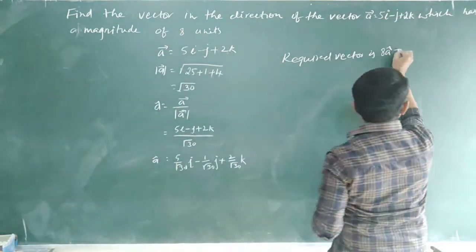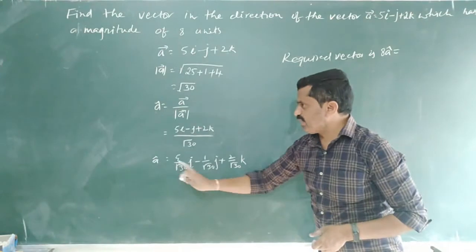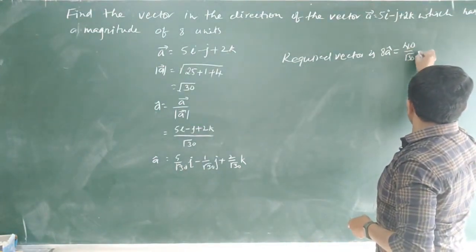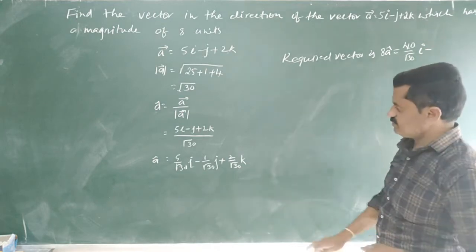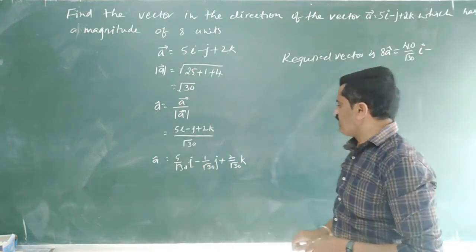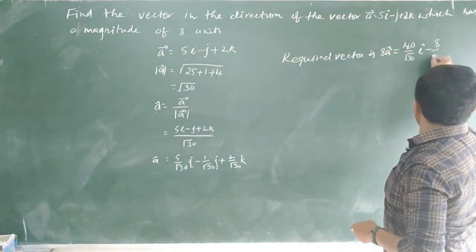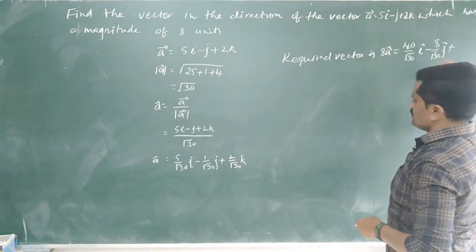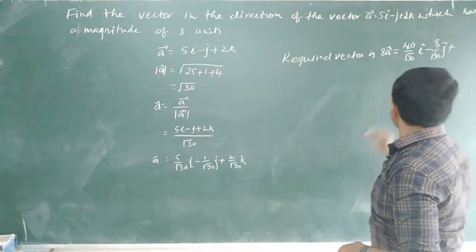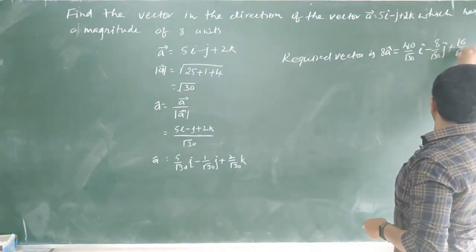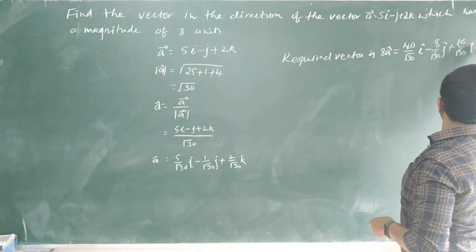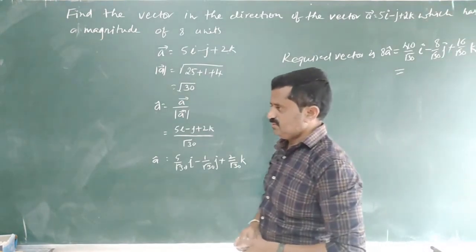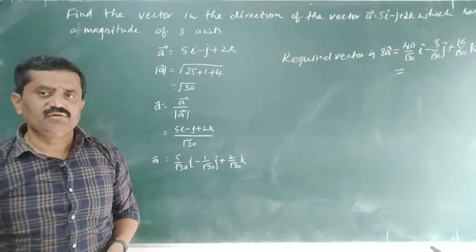Therefore we have 8 into 5, that is 40, so 40 divided by root 30 into i, minus 1 into 8, that is 8 divided by root 30 into j, plus 8 into 2, that is 16 divided by root 30 into k. So this is a vector in the direction of the given vector.